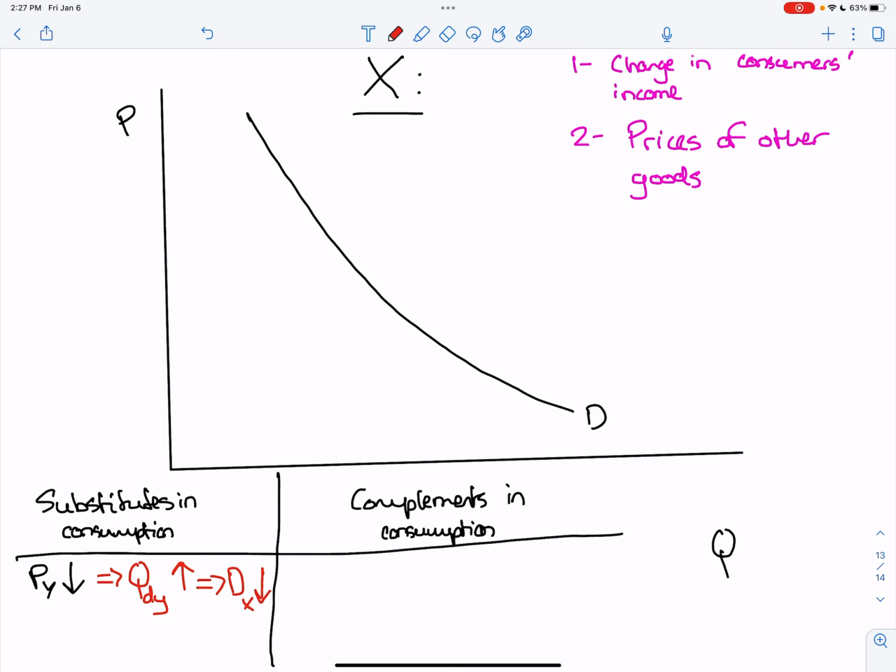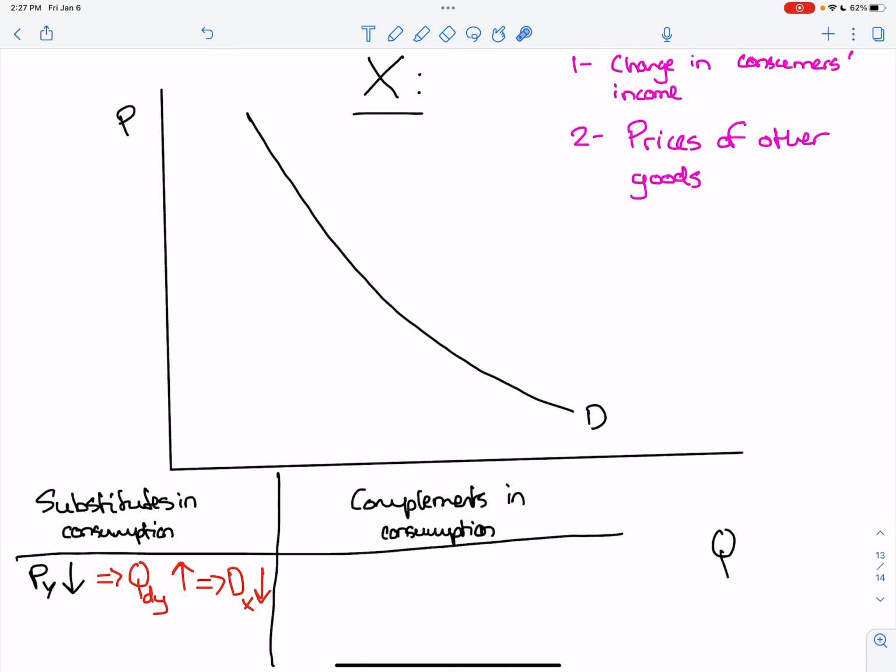Okay, let's go through that logic again. X and Y are substitutes in consumption, right? So the consumer either wants to consume X or she wants to consume Y, but not both. It's one or the other. Now let's say that, ceteris paribus, all else being equal, the price of Y decreases. The law of demand says that the consumer will therefore want to consume more Y. That's an increase in the quantity demanded of Y right there, okay?